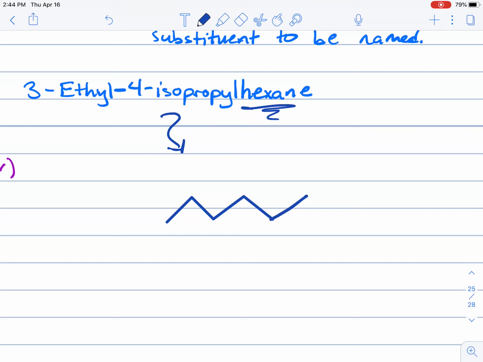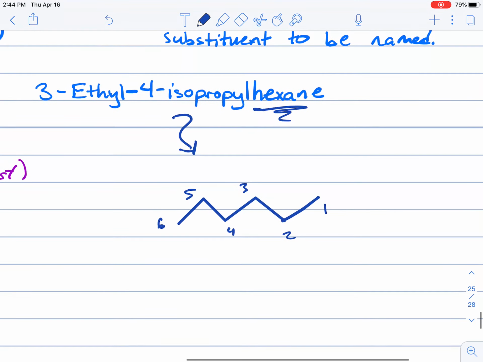And just for the sake of it, I'll go ahead and number it backwards this time. 1, 2, 3, 4, 5, 6. Remember, when you're going from a name to the skeletal structure, you can number it any which way, left to right, right to left, because there's no indication in this actual name on which way you should number your carbons.